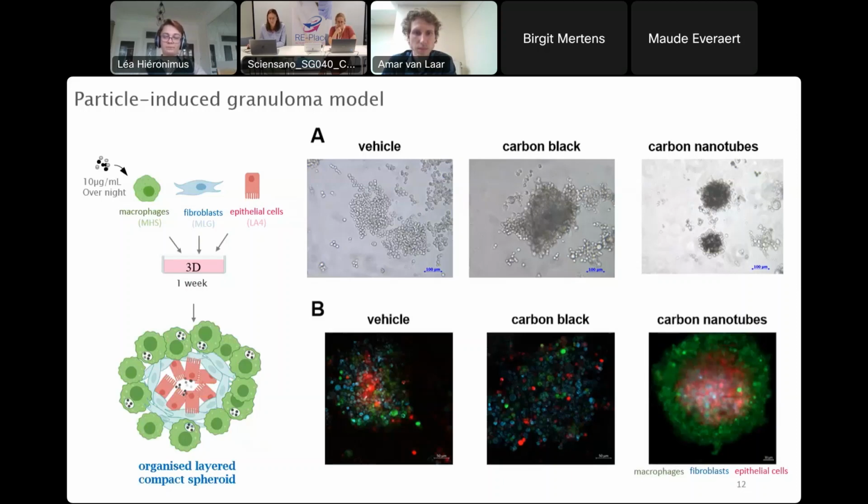In not granuloma-inducing condition, the cells are not organized in any specific way, but in granuloma-inducing conditions, we can see spheroids, which are organized in layers with a fibrotic core with fibroblasts and epithelial cells, and a corona of macrophages in green, having phagocytosed the carbon nanotubes in black, but you cannot see the black. So after a week, you can see this clear spheroid formation, which has been induced by granuloma-inducing particles.